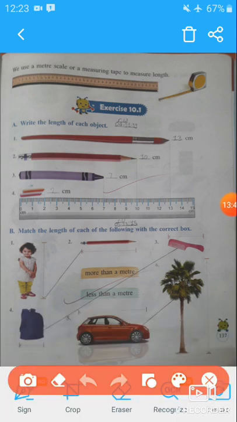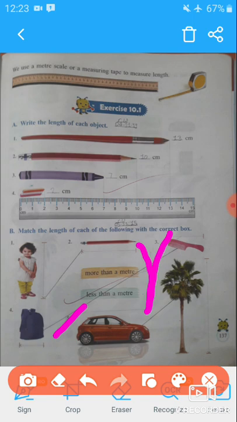Now second is length of a pencil. So length of a pencil is less than a meter. Okay. Now third, length of a comb will be less than a meter. And the length of bag is also less than a meter.